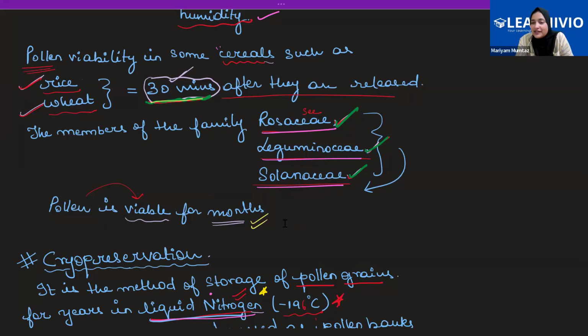So the time period is not 30 minutes for proper fertilization to take place. Is pollen viability clear? Yes. Okay, very good.